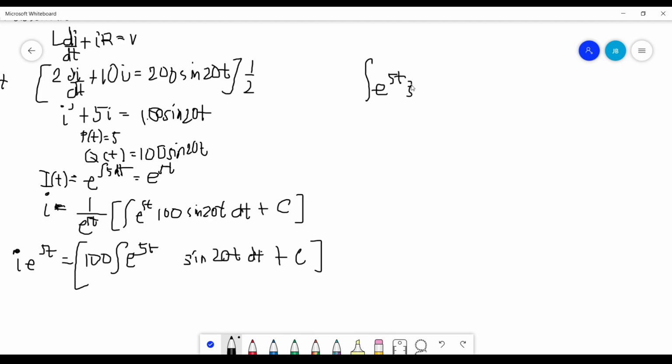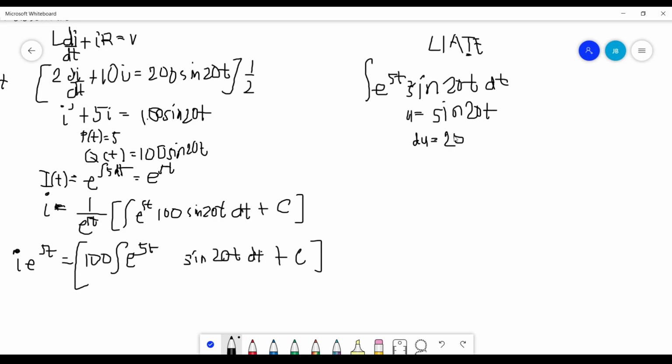So e to the 5t sine 20t dt. Okay, so you let u here, you are familiar with LIATE, right? Here, guys, trigonometric is our priority, so of course you let u as sine 20t. du is, what's the derivative of sine 20t?